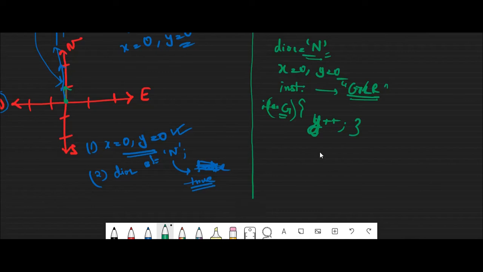Now let's understand what happens if we fetch the value L. Suppose our given character is L. In that case, suppose my robot is facing north. The head is towards north and I have the order L. In that case, I will turn to west.